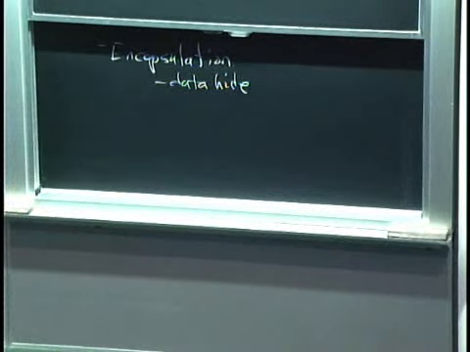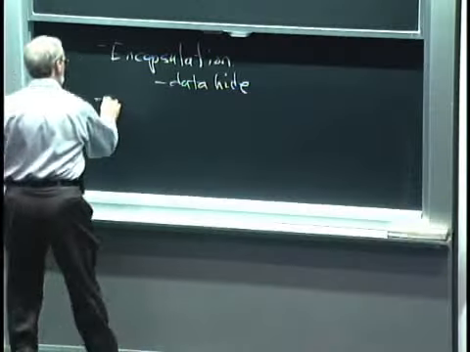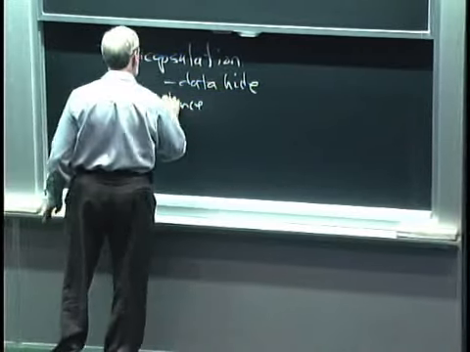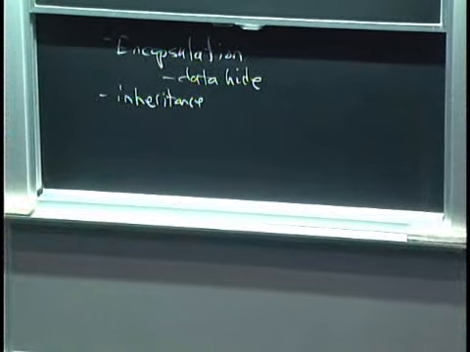The second thing we've got is this idea of inheritance. Inheritance both meaning I can inherit attributes or field values. I can inherit methods by moving up the chain.